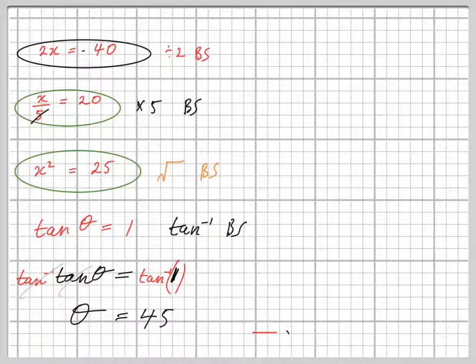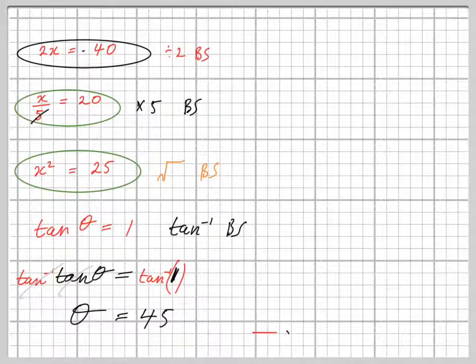If I check that on the calculator, inverse tan of 1 is 45. So that's pretty much it.